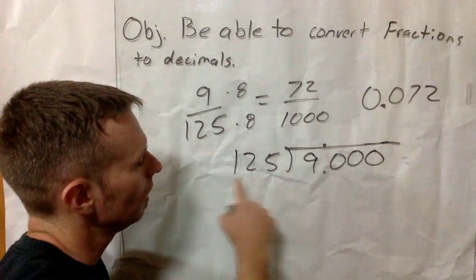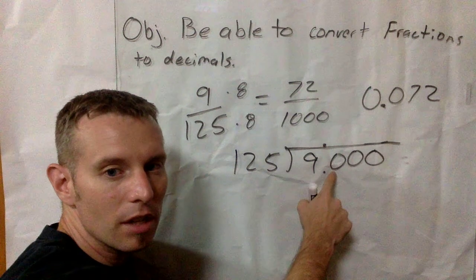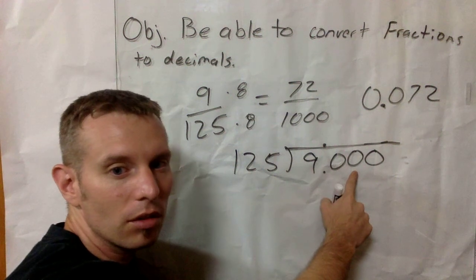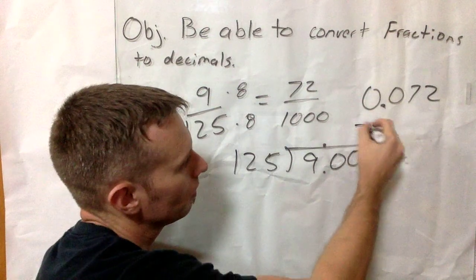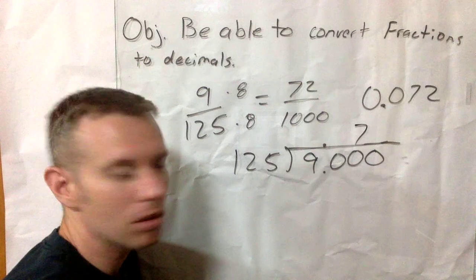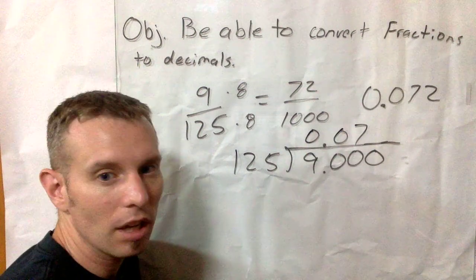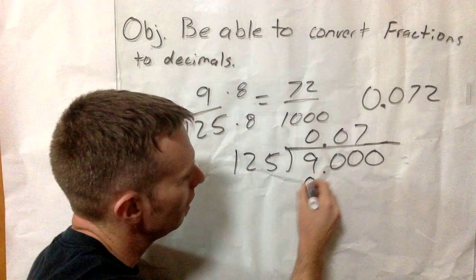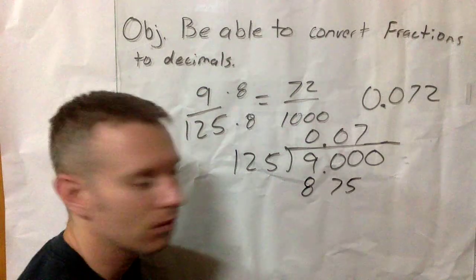And then we'll just add a couple zeros just to see how many we need. Well, let's see. 125 does not go into 9. 125 does not go into 90. 125 does go into 900. And I believe it does go in 7 times. So we can put our zeros here. And 7 times 125, I do believe, is 875.